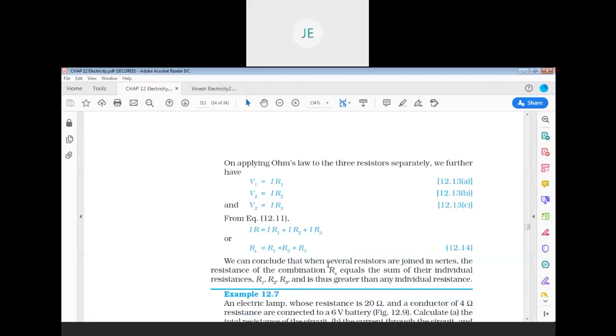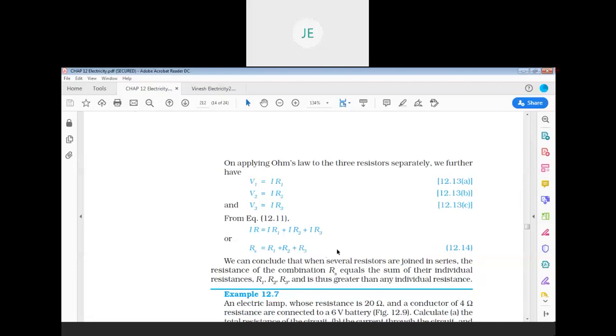For example, you are taking 1 ohm, 2 ohm, 3 ohm, three different resistors. Whatever the voltage you get with 1 ohm plus 2 ohm plus 3 ohm, the same voltage you will get if you replace them with a 6 ohm resistor. 1 plus 2 plus 3 is 6.